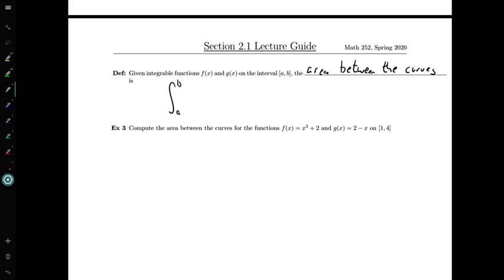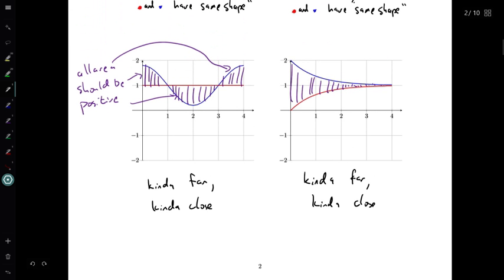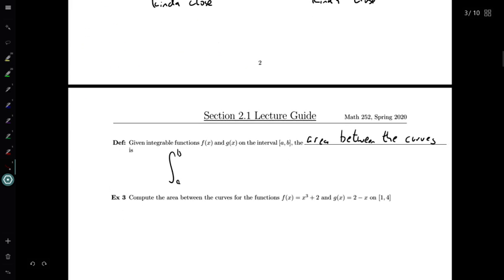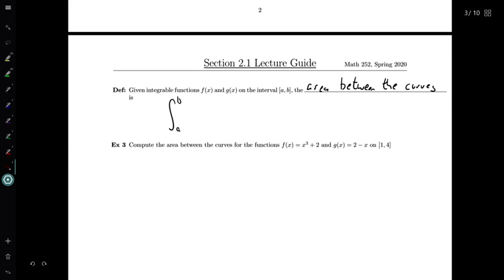We want to look at these purple lines here. And the way you can tell how tall a purple line is, you take the larger function minus the smaller function. And we saw this earlier. The way that you guarantee that you're taking the larger function minus the smaller function is you look at the absolute value of their difference.